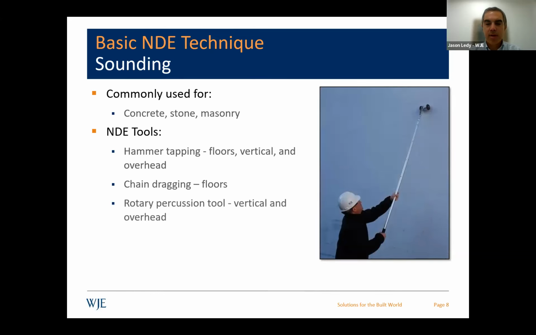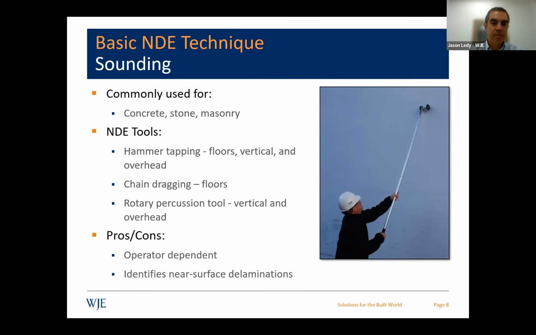Also available are more proprietary rotary percussion tools, which have extension poles that are available for areas of walls up higher or overhead. Basically you listen for the same type of changes in sound.